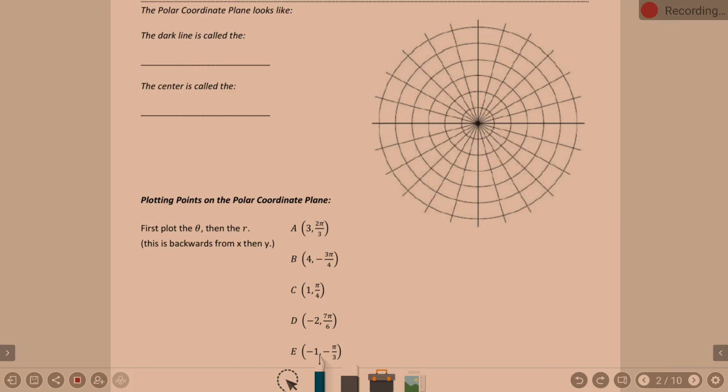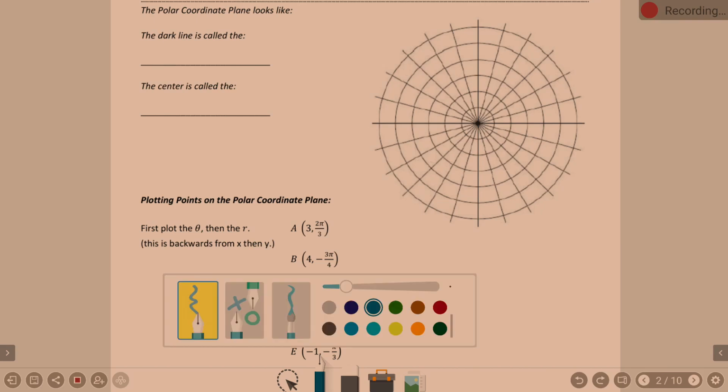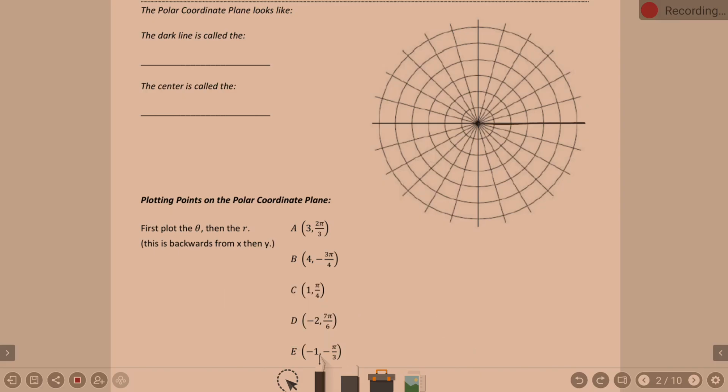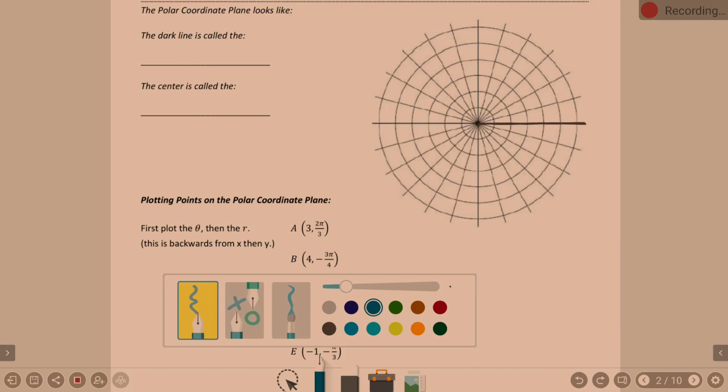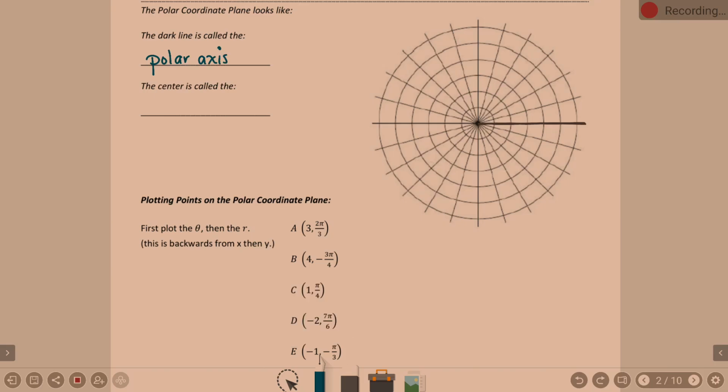The dark line, which isn't really on there, to be honest. The dark line I'm talking about is this right here. What did I call that dark line up top? That is your polar axis. It is also your ray going from the center.